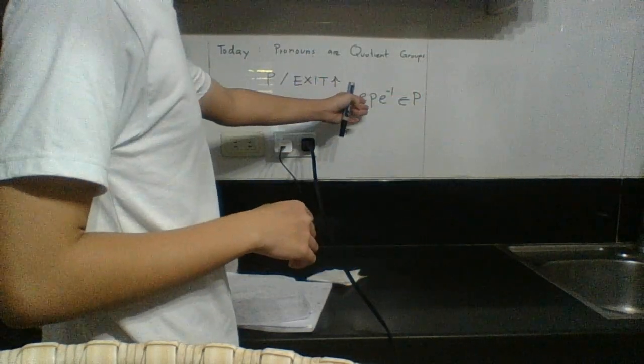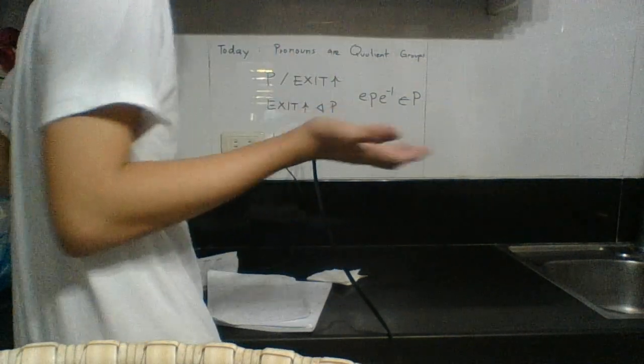So doing this operation, I have e to the -1 applied on p, and then e. If P is an additive group and exit is an additive subgroup, then we would be adding these things together. According to the Peano axioms, it would be e plus p plus e to the -1, and the additive inverse of e is minus e.